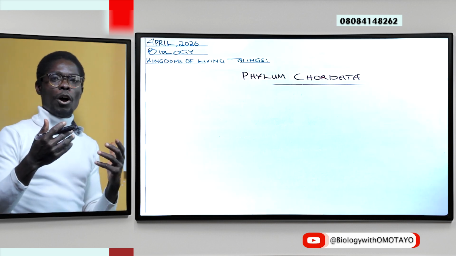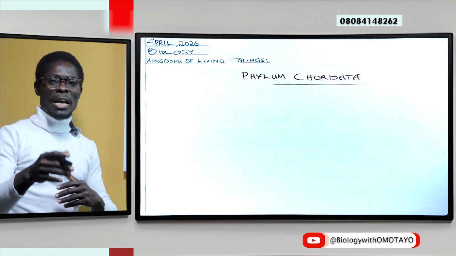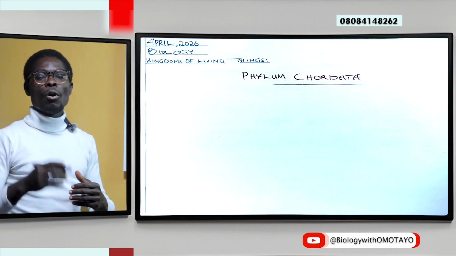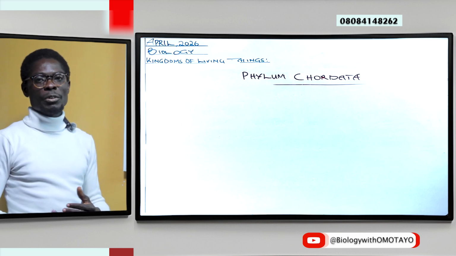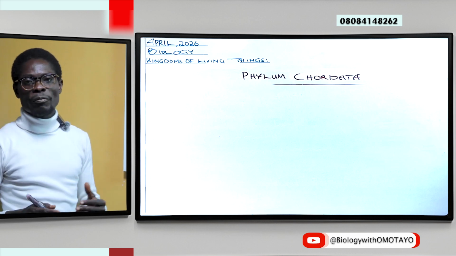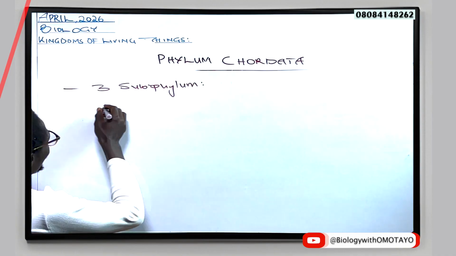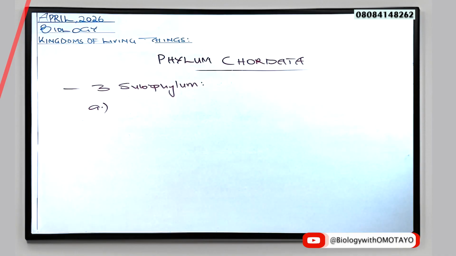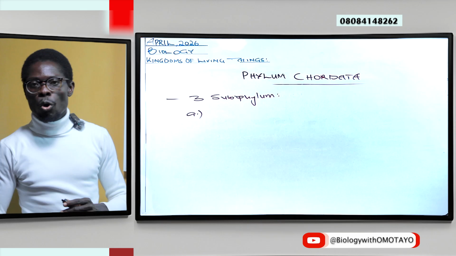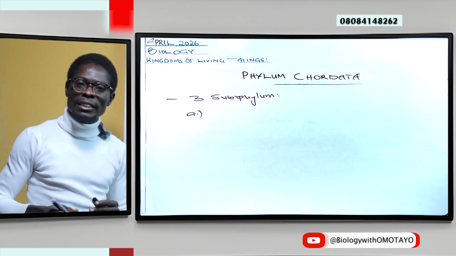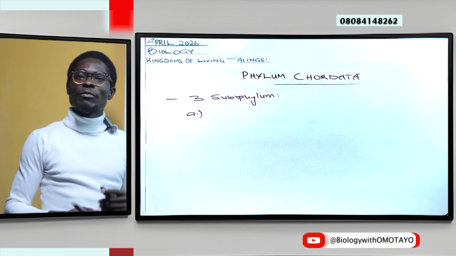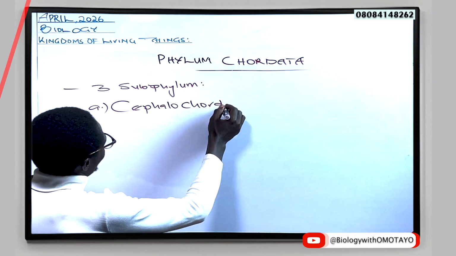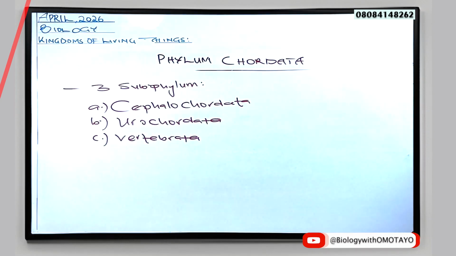We are now done with phylum Echinodermata. We move straight to phylum Chordata, the phylum of vertebrates. This phylum has 3 subphyla: Cephalochordata, Urochordata, and Vertebrata.